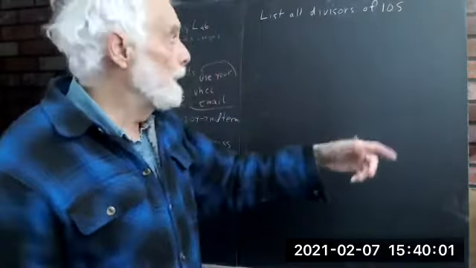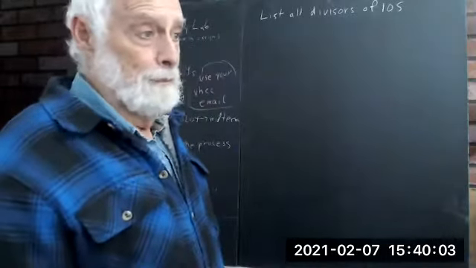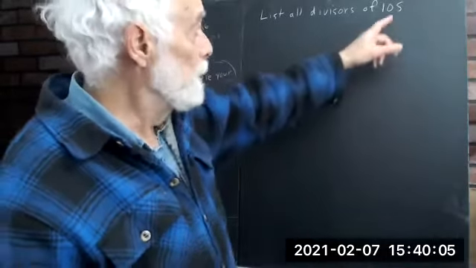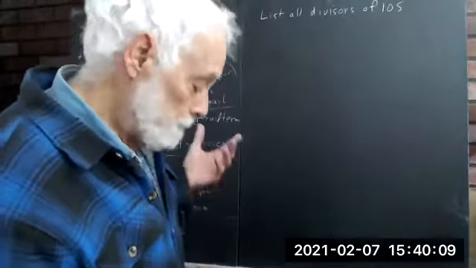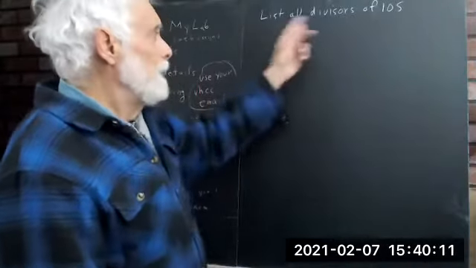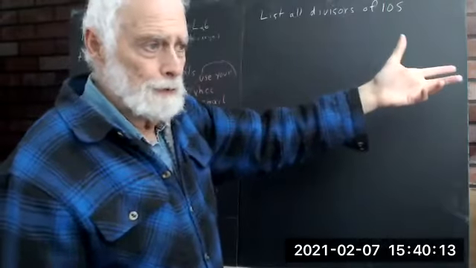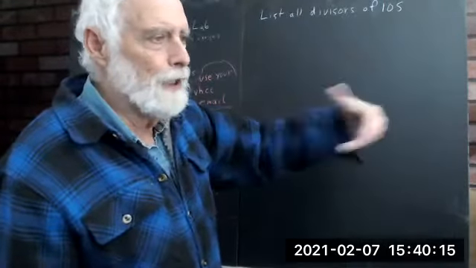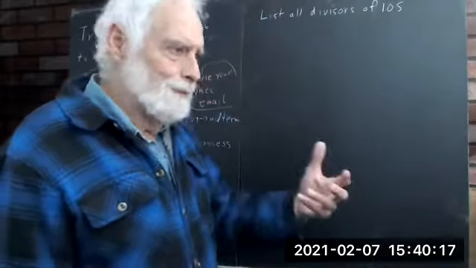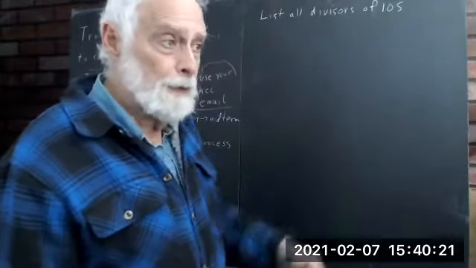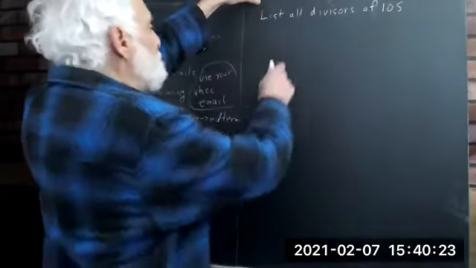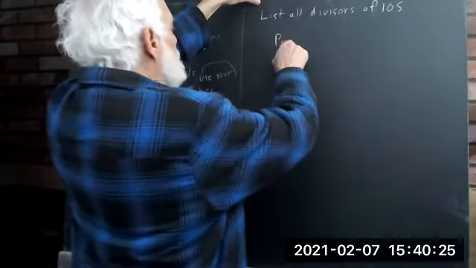You get to stop at 52, because 53 is more than half of this, and it's not going to go into 105. But that's ridiculous, and that's not a method that's part of this course. You need to use methods of this course. And the method of this course is do the prime factorization.